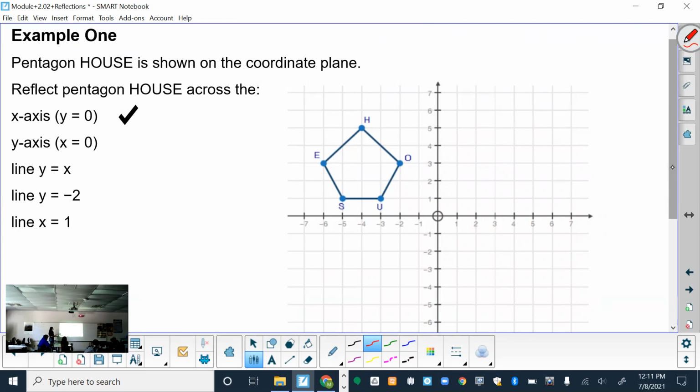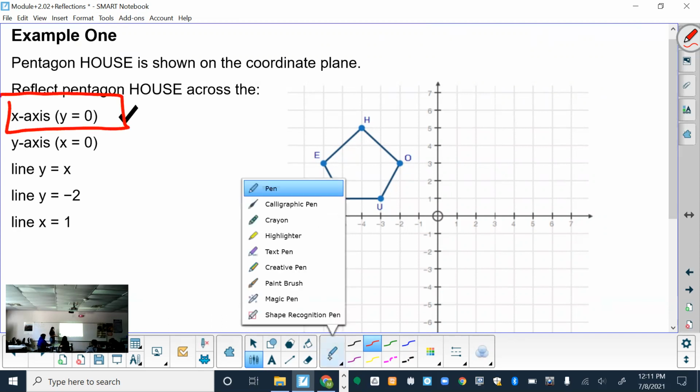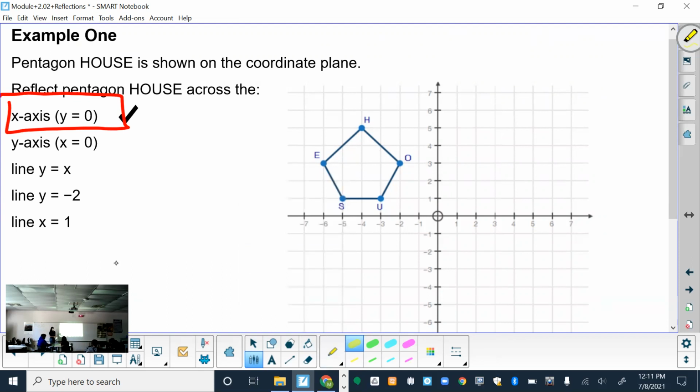So first we're going to reflect it across the x-axis. So where is the x-axis on this picture? Use your descriptive words, or use like a hand signal. All right, it's the line that goes horizontal, right?